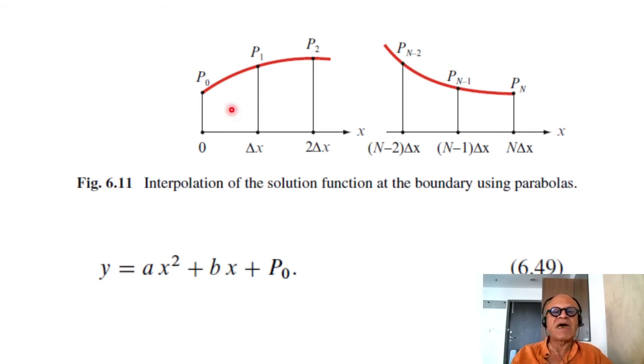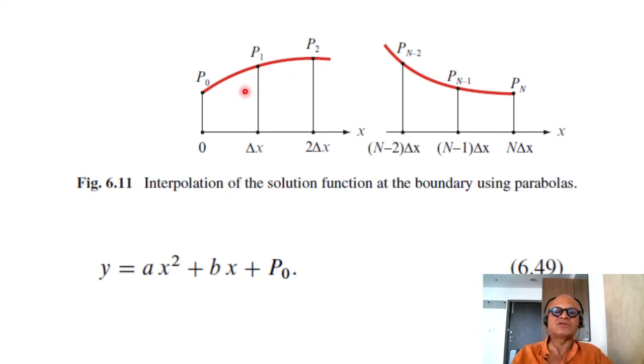So to match the boundary condition of the pressure to the pressure gradient, one can use interpolation methods to the interior solution. So you have to kind of solve for both here.